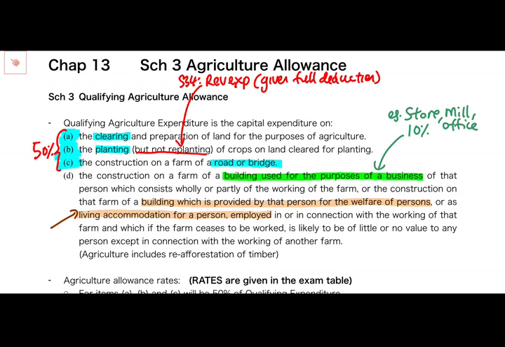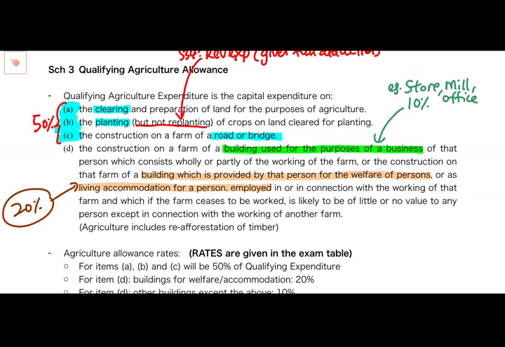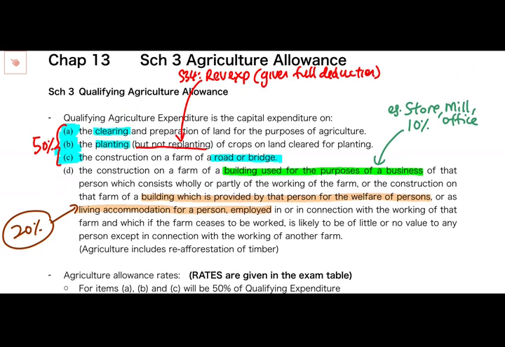So you say, I want to build a small place for them to let their children study. So you build a so-called school. Okay? Now that's for welfare. Now anything that is meant for welfare, we will give you 20%. So you're clear about the rates?